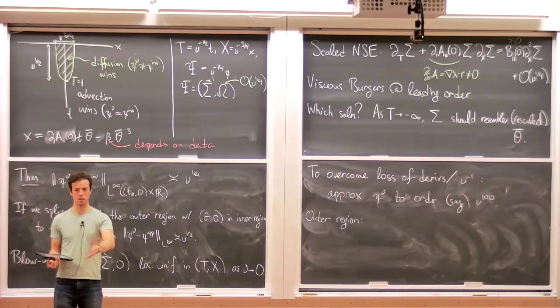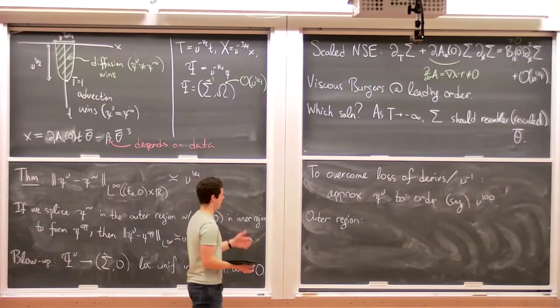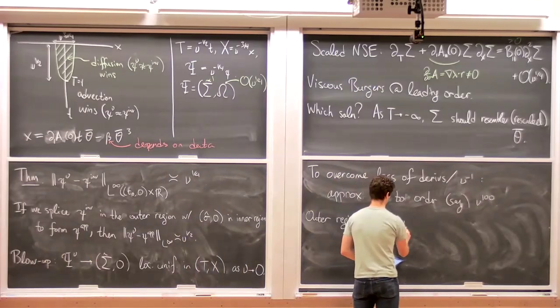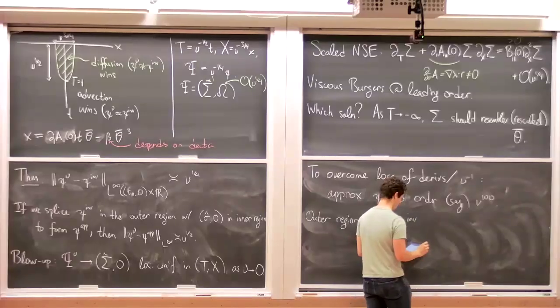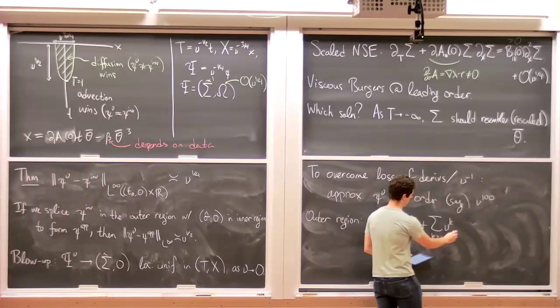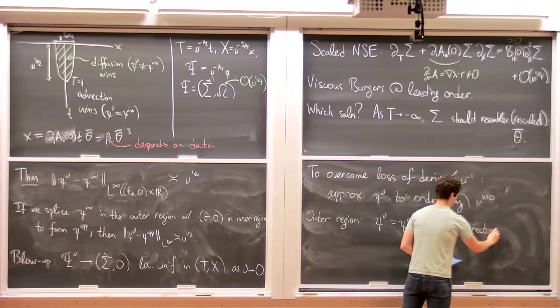So let's expand our solution in powers of nu and call that an approximation. So here we'll say that psi nu is given by the inviscid background at leading order plus a bunch of correctors associated to ever higher powers of nu.